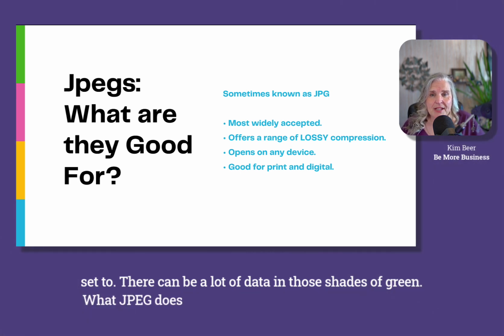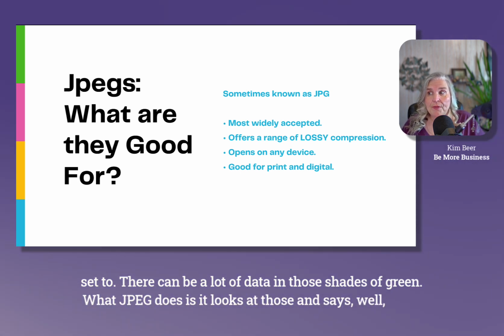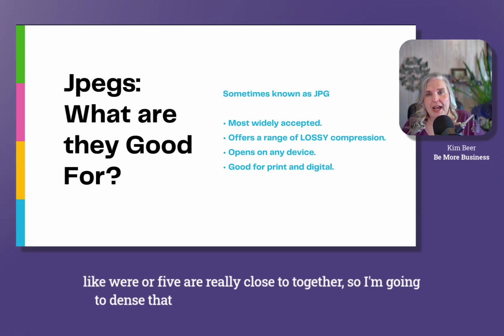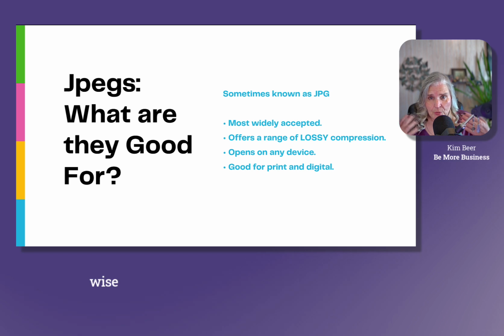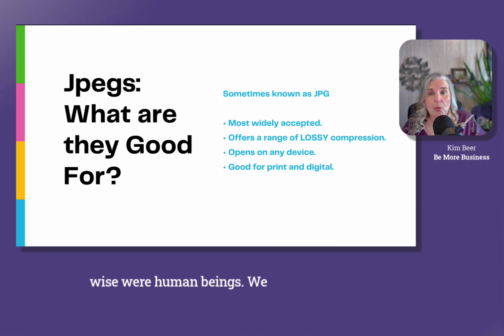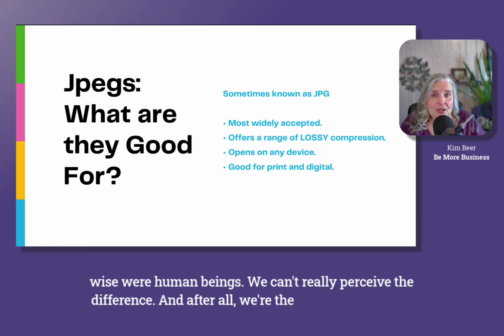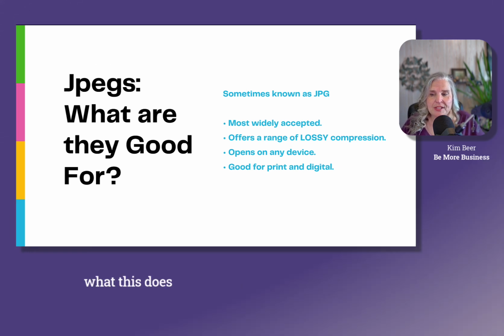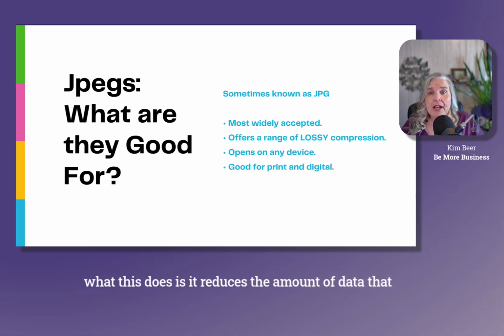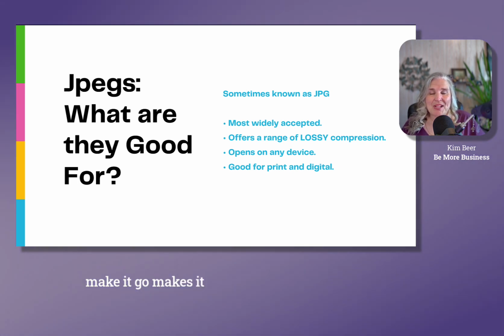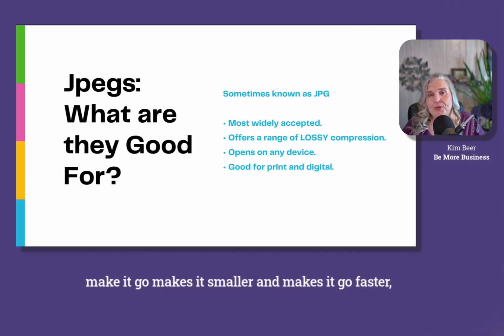What JPEG does is it looks at those and says, well, these 4 or 5 are really close together, so I'm going to condense that and make it one color. Now, perception-wise, for human beings, we can't really perceive the difference. And after all, we're the ones looking at the image. So this reduces the amount of data that the file has to store, and along the way, that makes it smaller and makes it go faster through the internet.